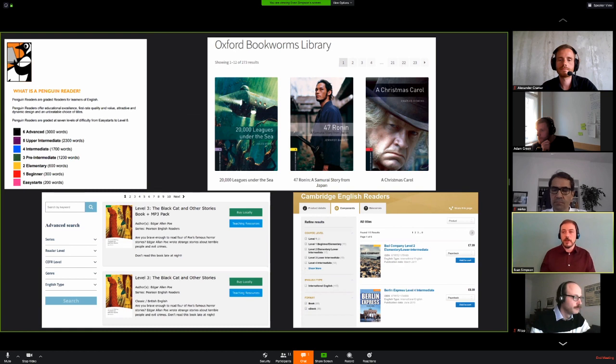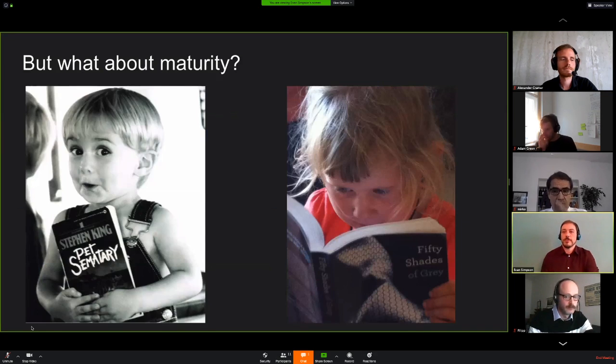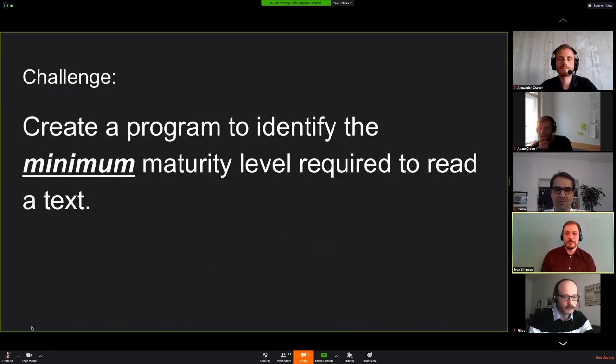Anyone know the Common European Framework, A1, A2, B1, B2? They work very well for that. All these graded readers are exceptional, except for one little problem: when you try to recommend books based on age. One thing you definitely want to make sure you do as a teacher is not send children home with a book that is wildly inappropriate for how old they are. So that was my challenge: to create a program that would identify the minimum maturity level required to read a text.